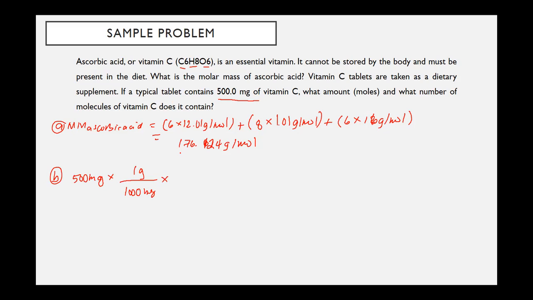Then, saka natin siya i-divide sa molecular weight for 1 mole. So, 500 divided by 1,000 times 176. We get 2.839 times 10 to negative 3 mole of vitamin C.